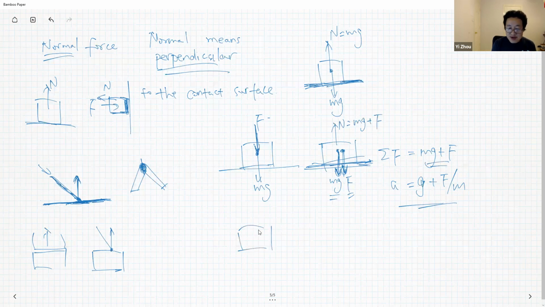Another simple example is you have a box, you're pulling up with some force, and it still has gravity, it's still not moving. If this is the case, what is the normal force in this case?